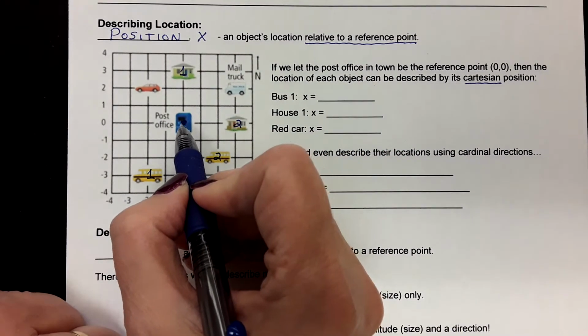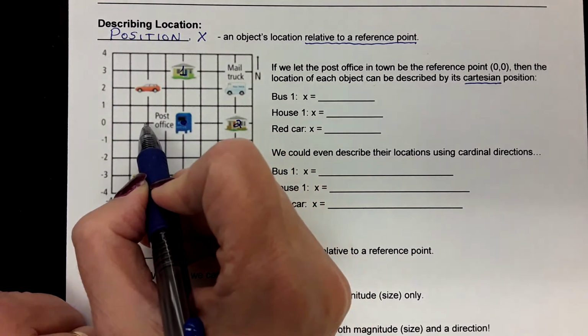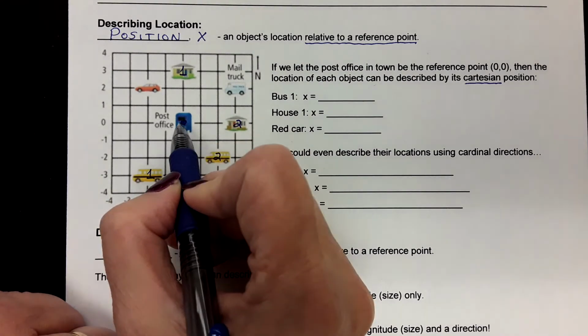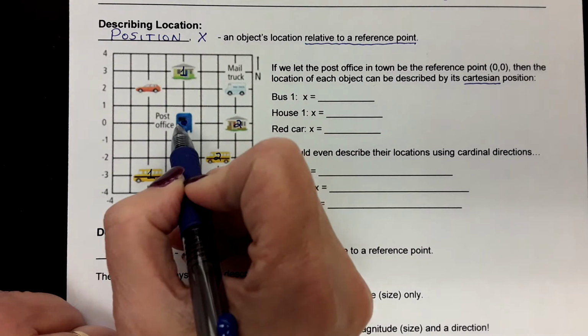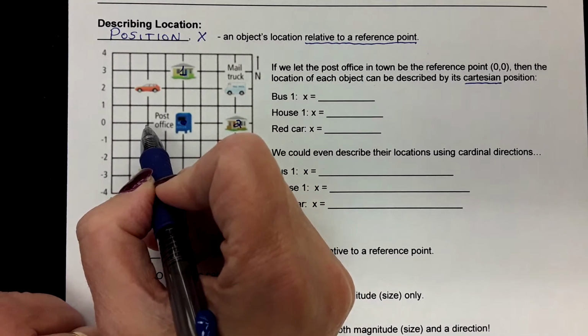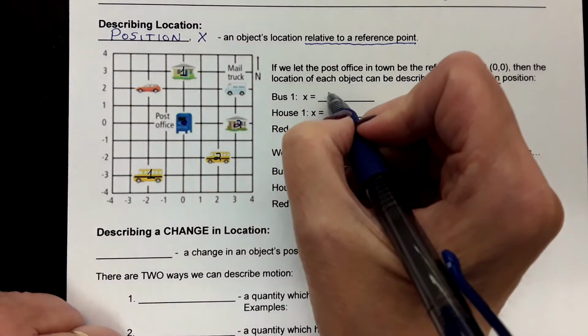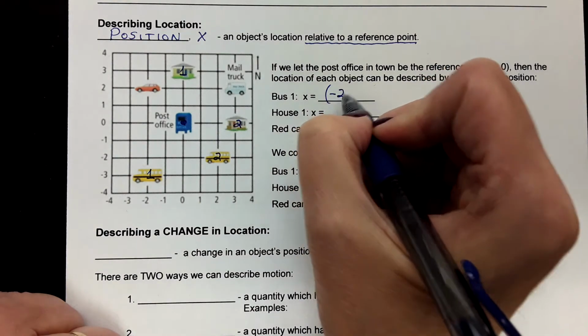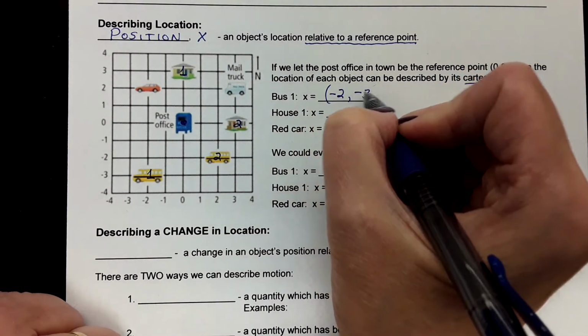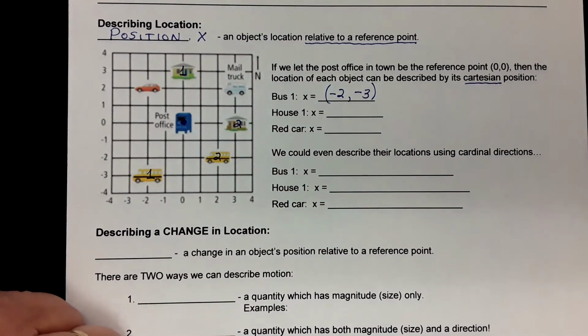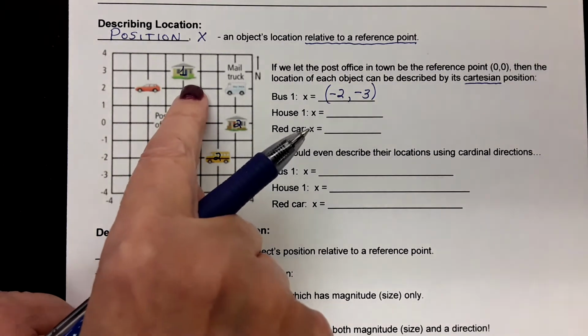From the post office, we would go 2 in the negative direction, because here's 0, 0, positive, negative, okay? -2 and -3. So we'd say -2 in the X direction, and -3 in the Y direction, okay?